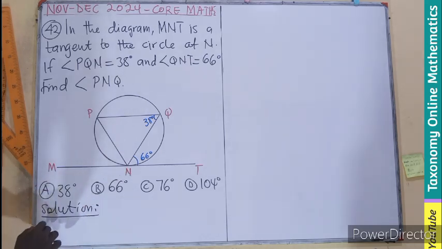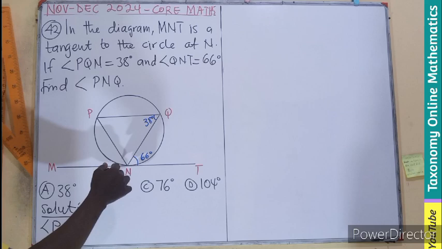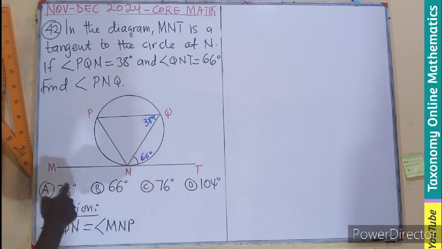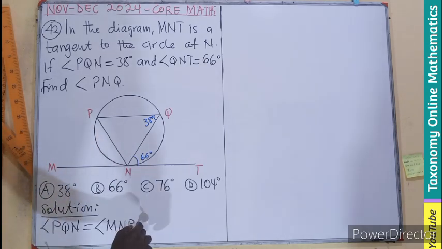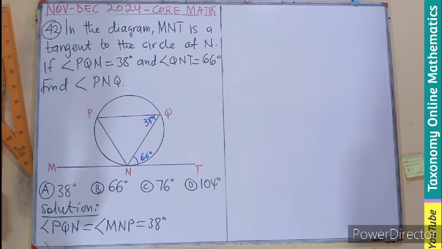So I can say angle PQN is equal to the angle MNP. MNP, which is equal to what? 38 degrees. What property? We are going to have the same property here.